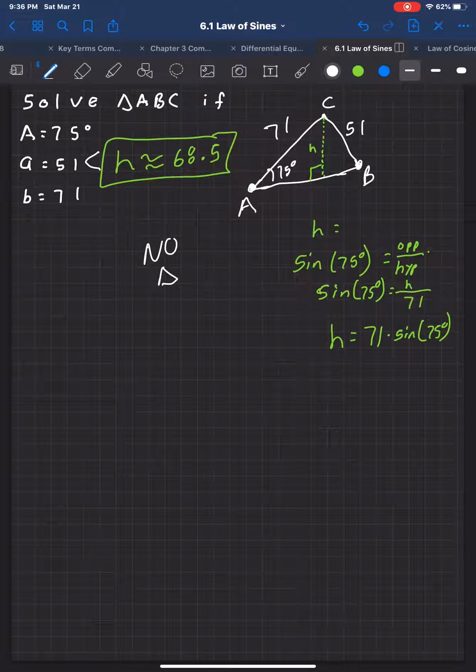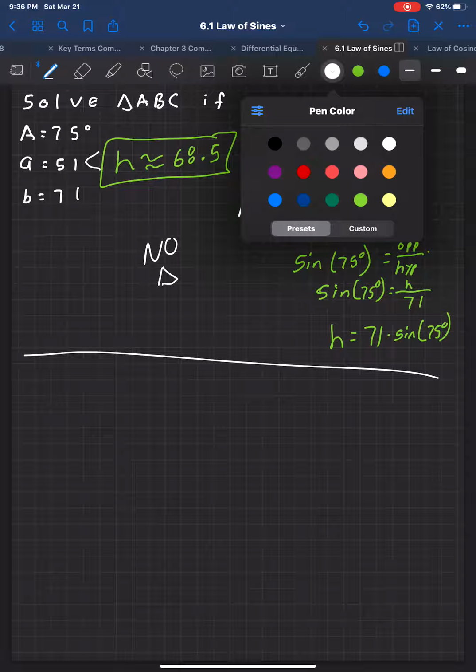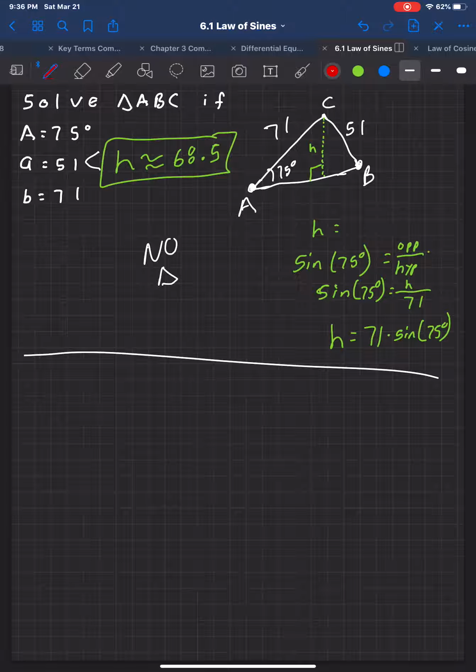And so what I'm going to do right now, okay, so the problem's done, okay? What I'm going to do right now is to give you a check so that if you jump in and you don't notice H is larger than A, I'm telling you that eventually you would find out there's no triangle no matter what.